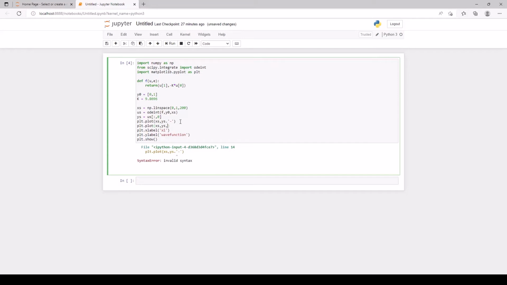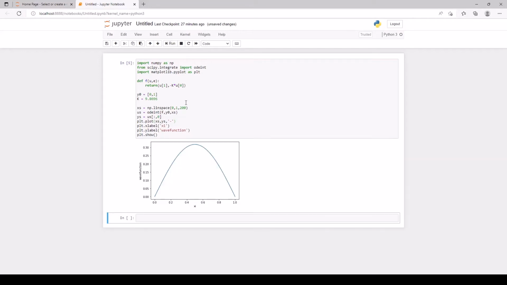I just forgot a comma. There we go. Okay, so this one does indeed seem to go to 0 at chi equals 1. So this is indeed a valid solution for k. So therefore, this one checks out.